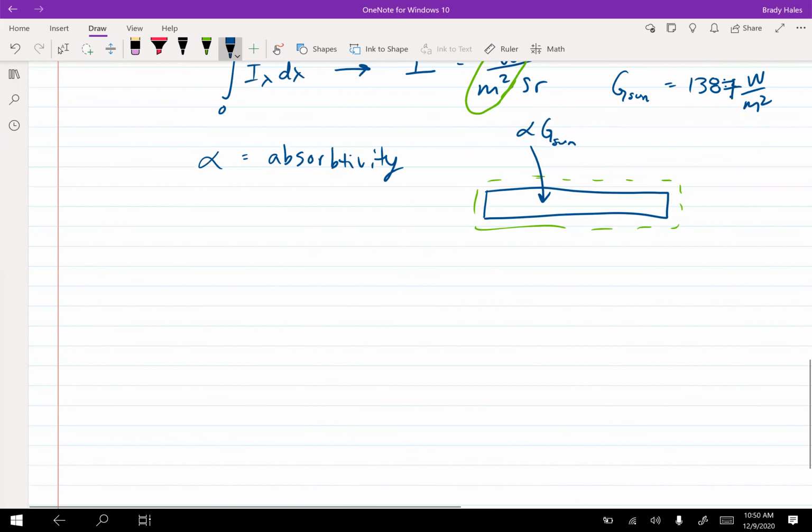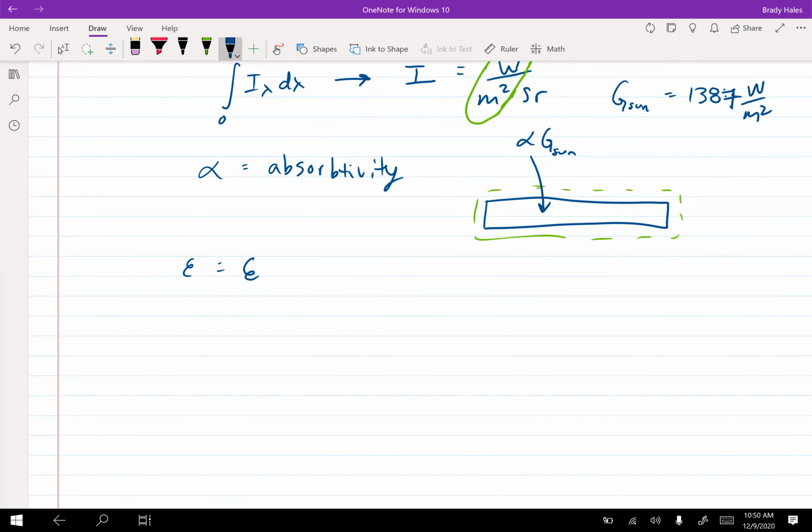Likewise, emissivity is just a percent of how close it is to a black body, right? So if it's 0.2, then it's 20% like a black body. If it's 0.5, it's 50% like a black body.